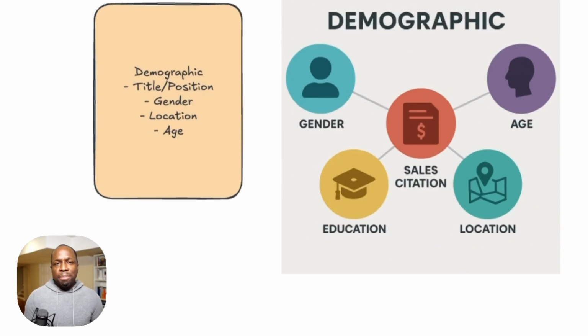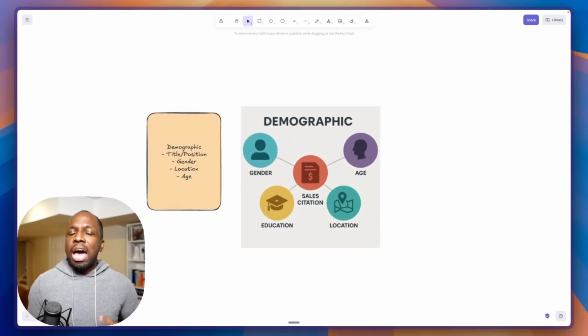Okay. With that in mind, you could start to come up with some sort of idea of who it is that you're actually selling to. And that's what's important here. It's really drilling down to specifics about who is important.